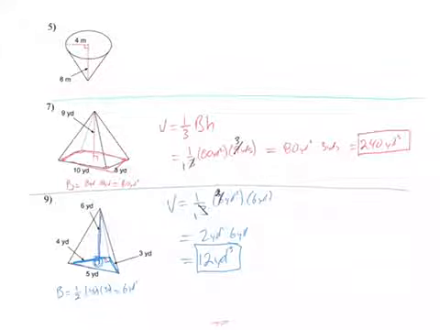Alright, now let's do number 5. Same basic idea, except now our base is a circle. So we're still using V equals 1/3 base times height. I'm getting carried away with my B's here. So the area of that base is going to be pi r squared. We have r.